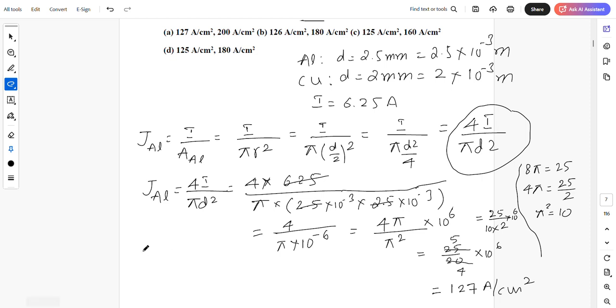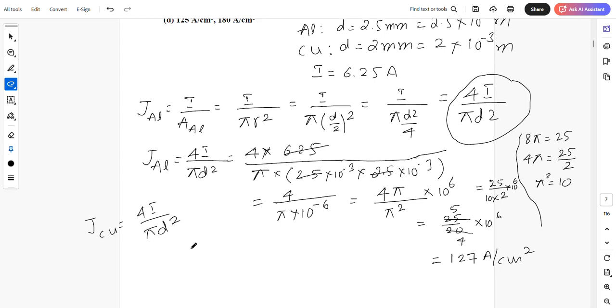Now let us see for copper. How much is for copper? JCu is equal to again 4I by pi d square. How much is 4 into current? 6.25 they have given, divided by pi into the diameter.